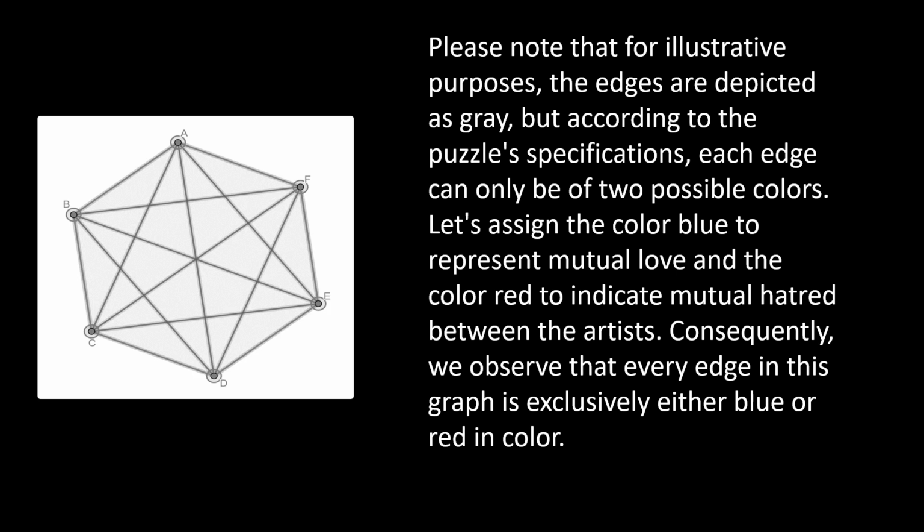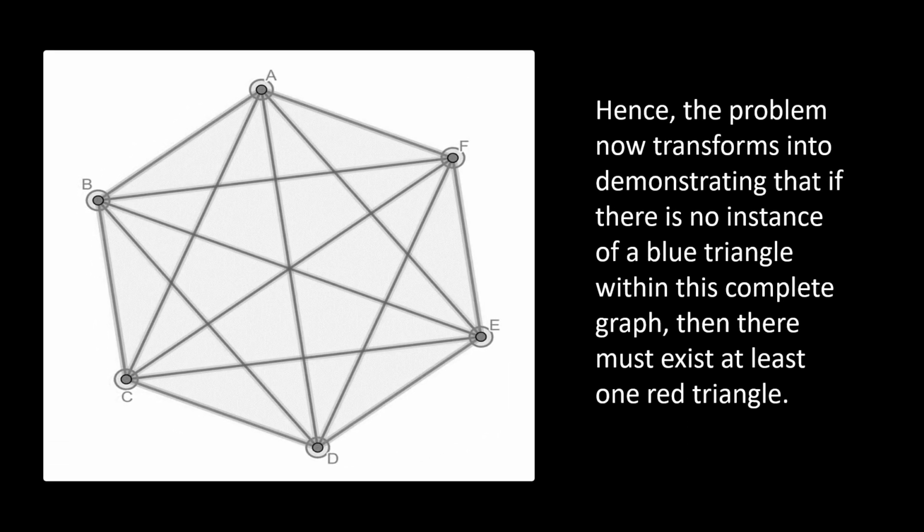Let's assign the color blue to represent mutual love and the color red to indicate mutual hatred between the artists. Consequently, we observe that every edge in this graph is exclusively either blue or red in color. Hence, the problem now transforms into demonstrating that if there is no instance of a blue triangle within this complete graph, then there must exist at least one red triangle.